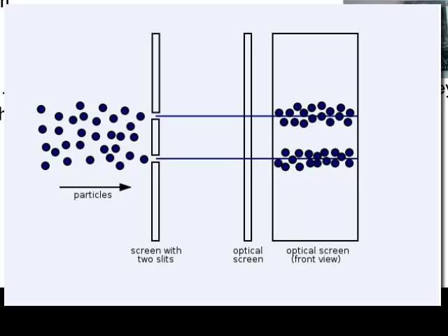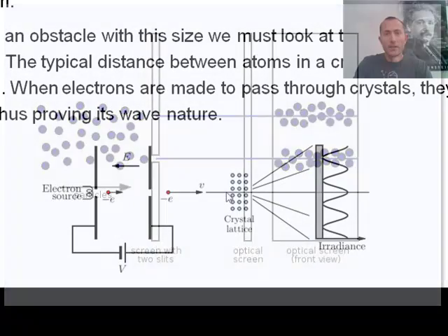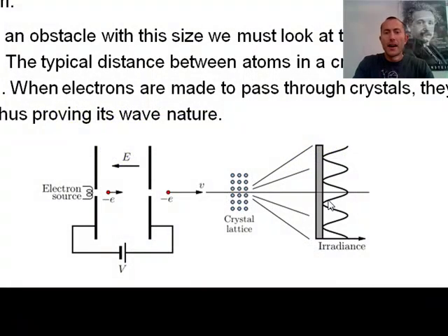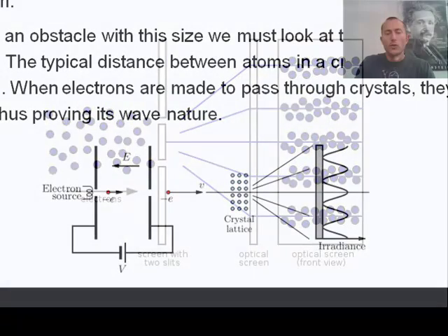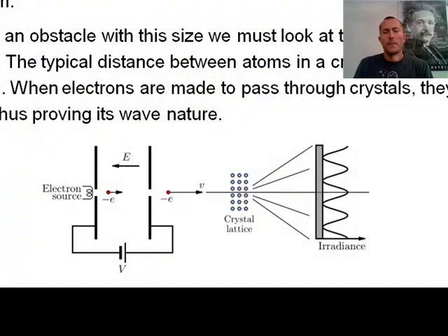However, when an experiment similar to this was actually done, what scientists found was that there was a diffraction pattern. There was a pattern that occurred where we had areas of a lot of electrons hitting and areas where there were very few electrons hitting, which corresponded to maxima and minima that would come from a light diffraction pattern.